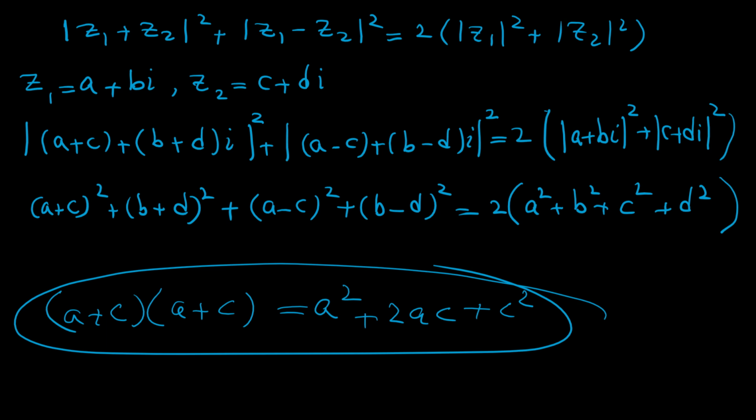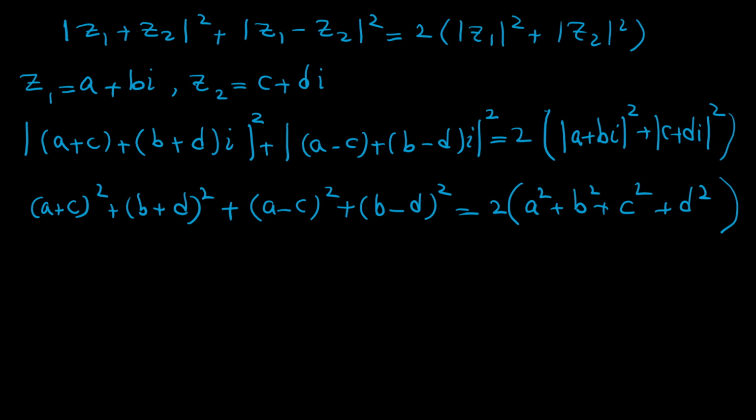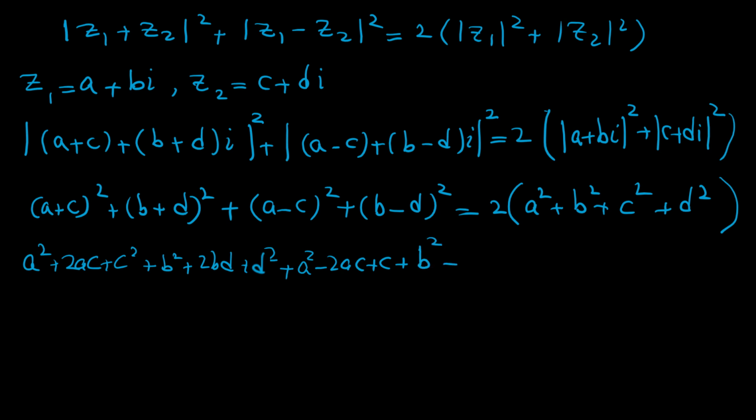So (a + c)² is a² + 2ac + c². The next bracket is b² + 2bd + d². The next bracket is a² − 2ac, because in the middle we have minus 2ac, plus c². And the next bracket is b² − 2bd + d².